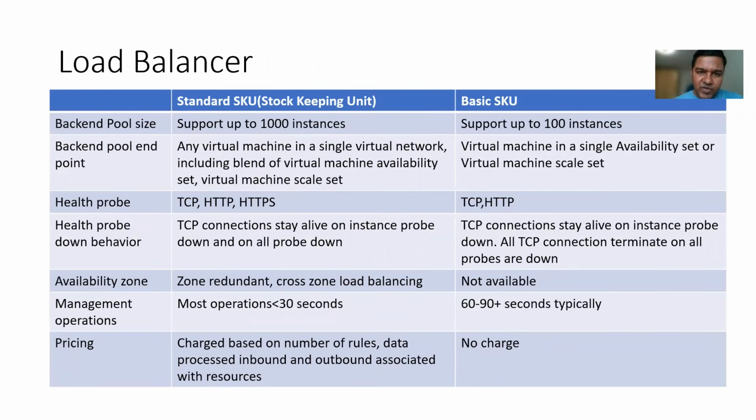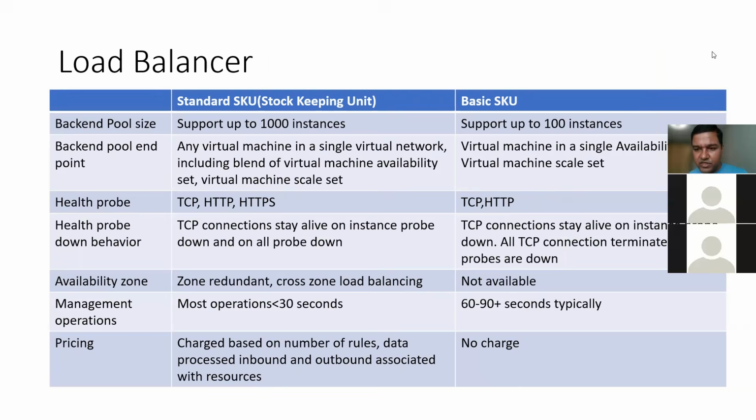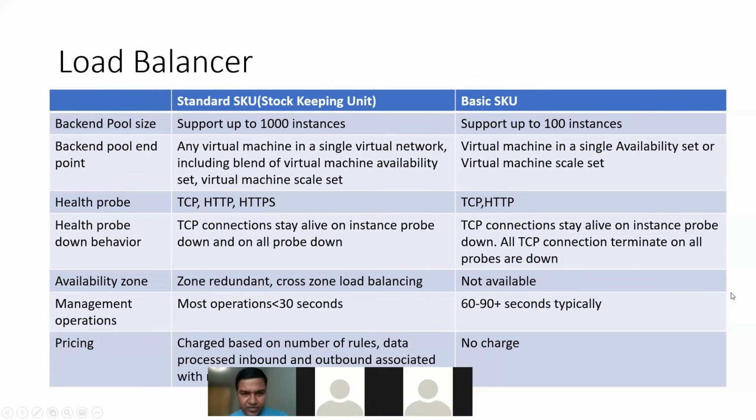So what are the different services given by Microsoft for this? There are 2 kinds of services given by Microsoft. The first one is basic. They call it SKU, which is a stock keeping unit, and the second is standard.